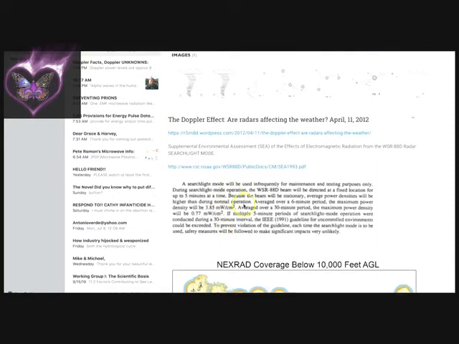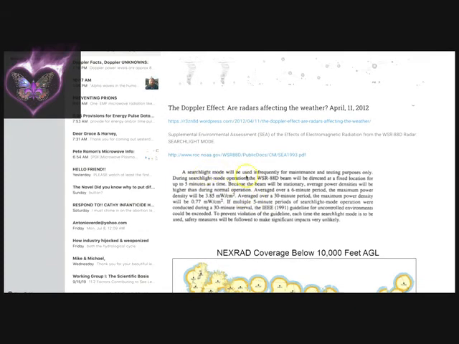A searchlight mode will be used infrequently for maintenance and testing purposes only. During searchlight mode operation, the beam will be directed at a fixed location for up to 5 minutes at a time. We have shown it on for days. Because the beam will be stationary, average power densities will be higher than during normal operation.